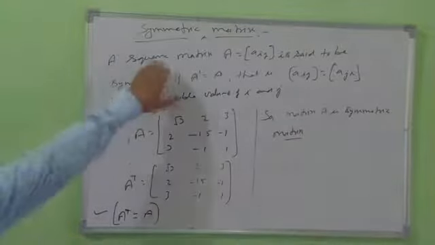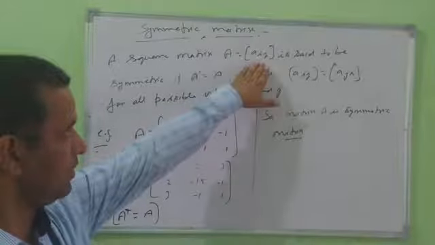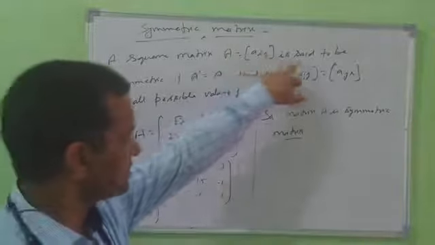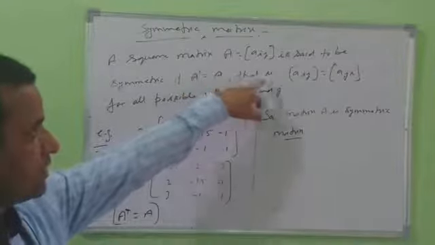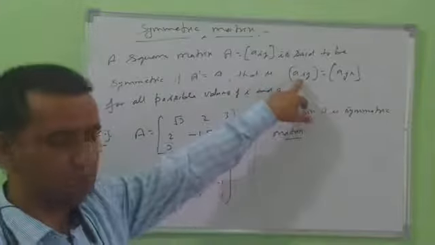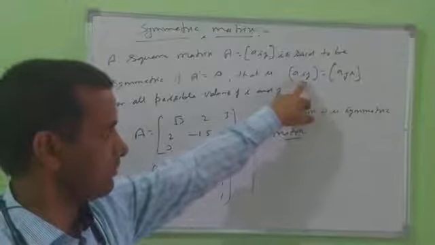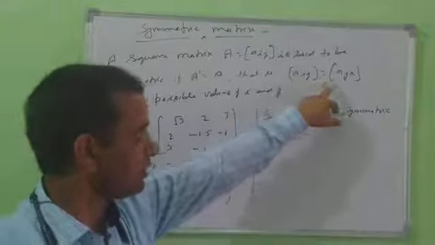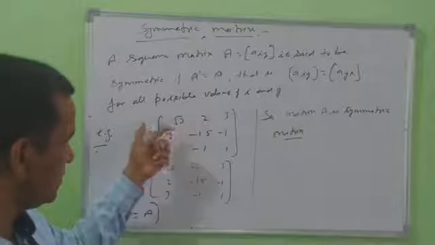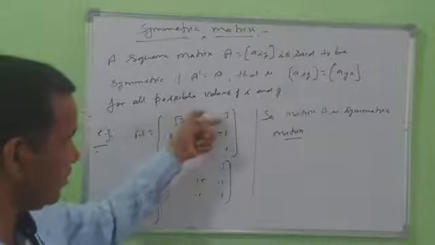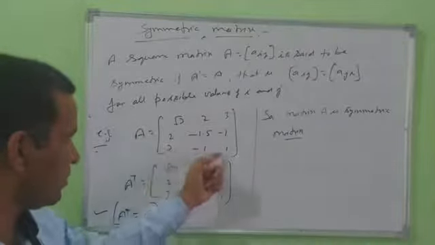A square matrix A, of any order, 2, 3, or 4, is said to be symmetric if A dash equals A, that is, if Aij equals Aji, where i means row and j means column, for all possible values of i and j.